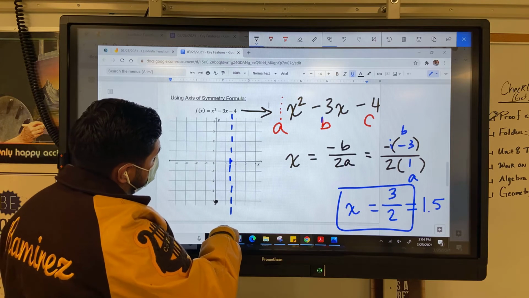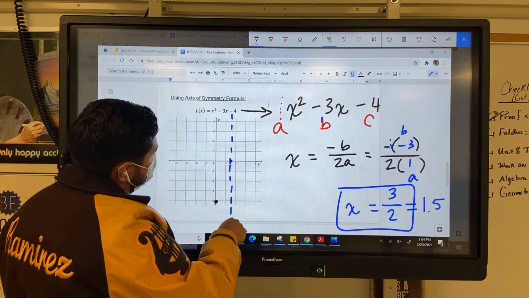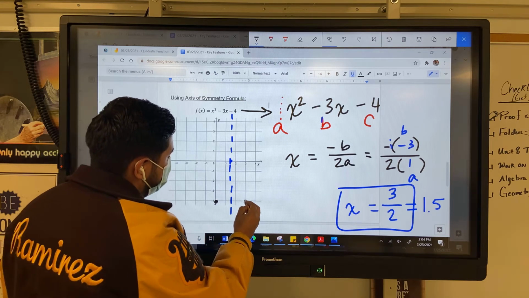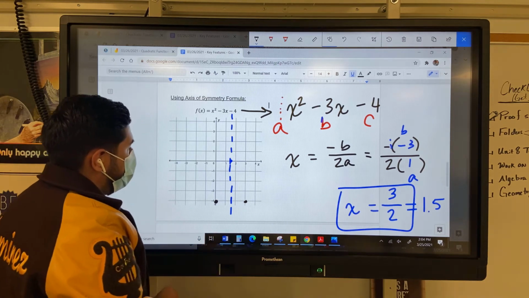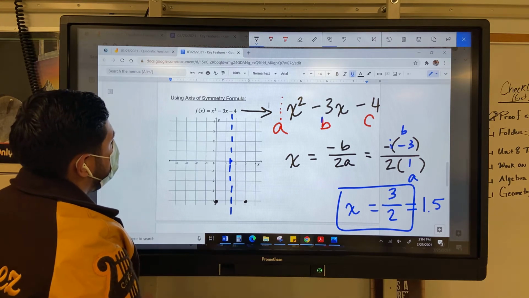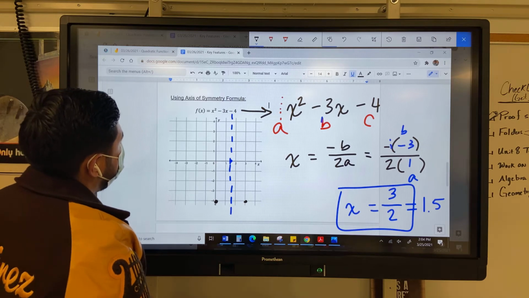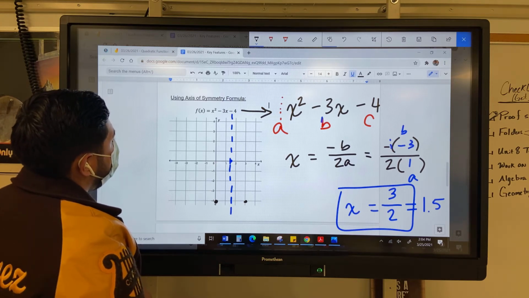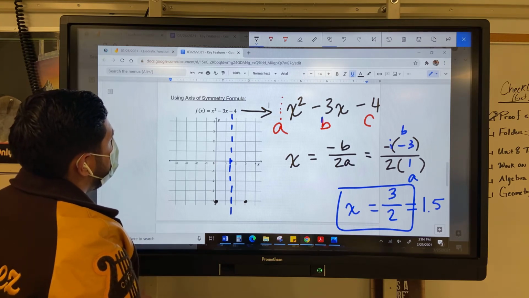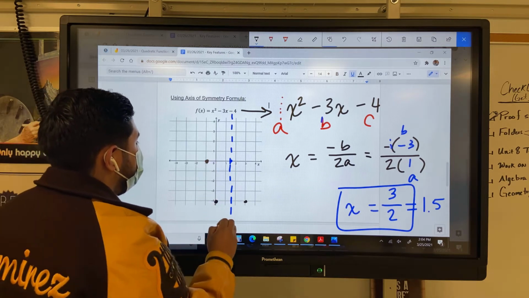So it's going to come down here. So if I go 3 squared, 4, boom. Next one. You're doing it on your own. 1, 3, 0. Okay. Boom. Easy peasy.